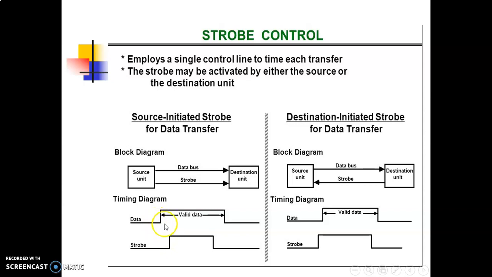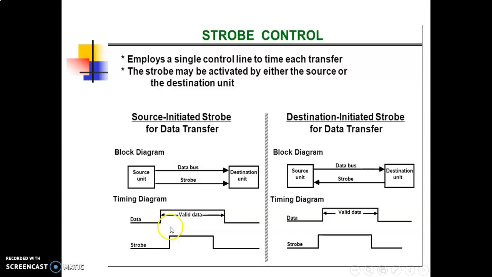The delay is basically to ensure that the data settles on the data bus, and then the source activates the strobe pulse after this delay.